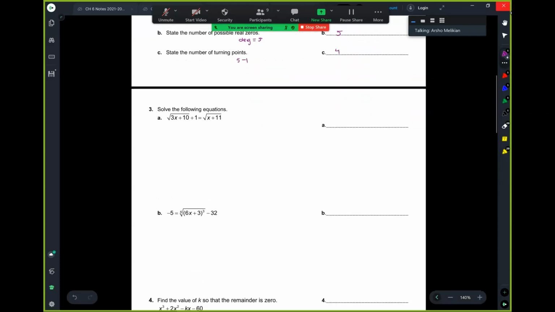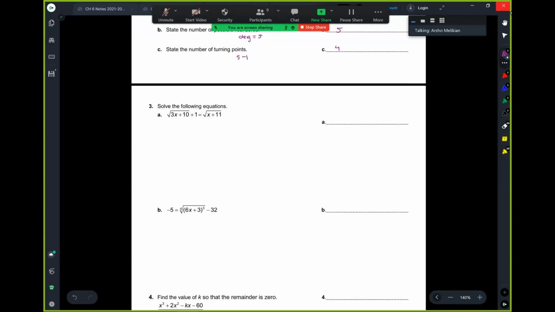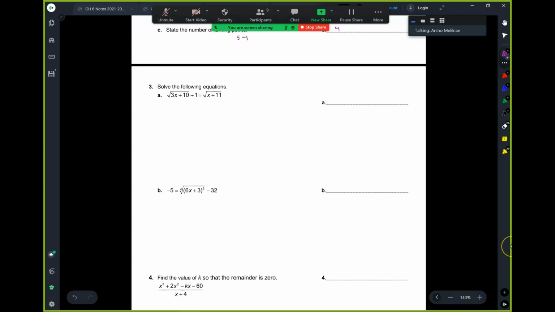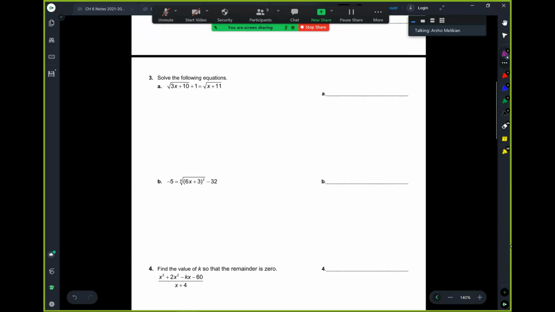All right, let's solve these equations. So this first one here, we're going to square both sides. All right, so we're going to get 3x plus 10 plus 2 root 3x plus 10 plus 1 equal to x plus 11.